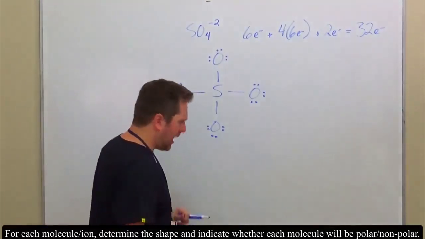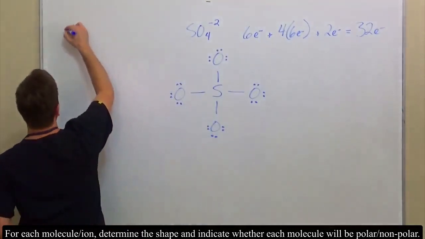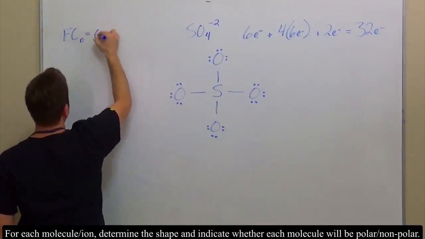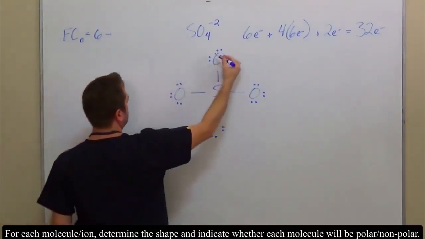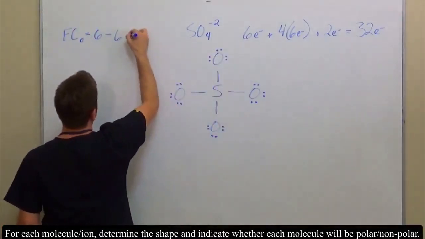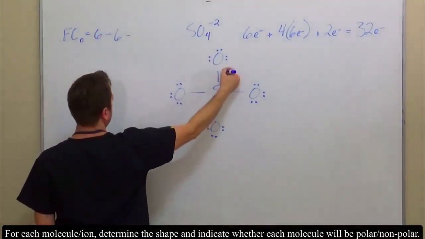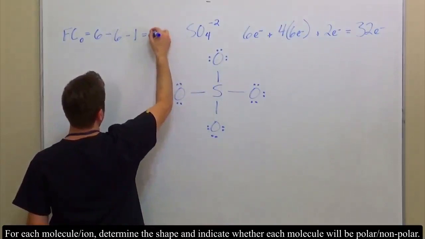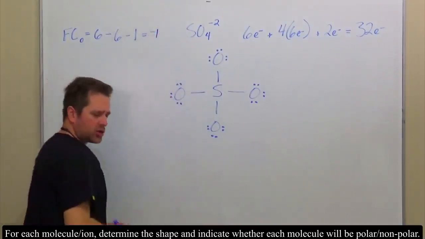So I'll say the formal charge of the oxygen, they're all the same, would be the group number, group 6, minus the number of unbonded electrons, 6, minus the number of bonded electrons divided by 2, so 2 divided by 2 is 1. Each one of the oxygens has a -1 charge.